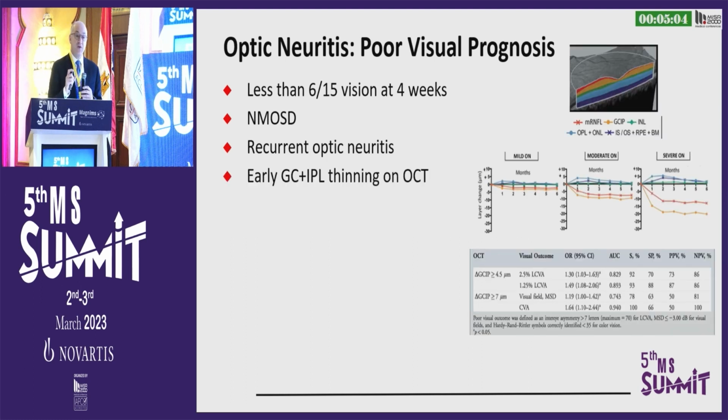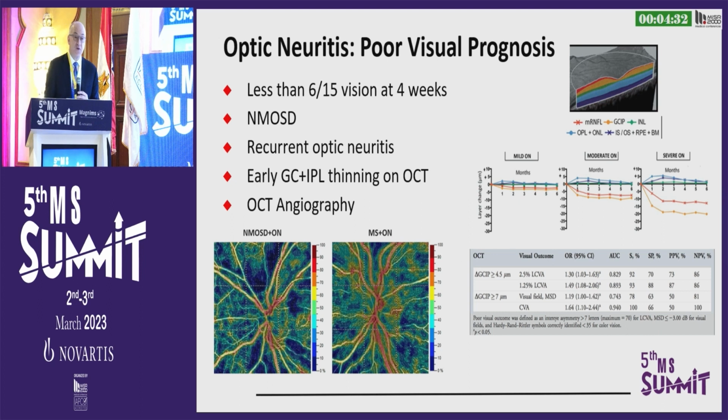You can use the OCT machine, if available, in MS-related optic neuritis to prognosticate based on ganglion cell inner plexiform layer thinning. While I noted to you that it is the earliest sign of optic nerve injury, roughly 1 month after optic neuritis, GCIPL thinning that is significant and greater than 7 microns is a sign of poor visual recovery in MS-related optic neuritis.